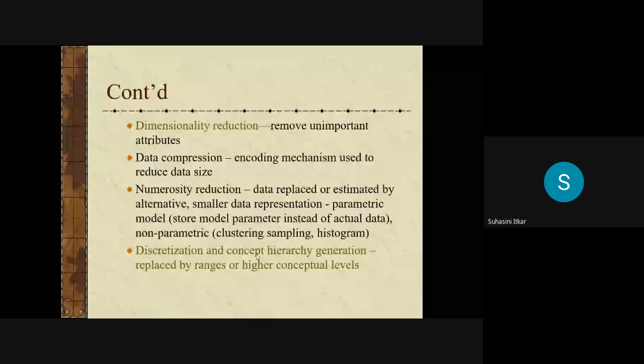So data reduction is possible by removing unimportant attributes, encoding the data, reducing the size of the data, discretizing the data, or using concept hierarchy generation. These five techniques come under data reduction strategies.